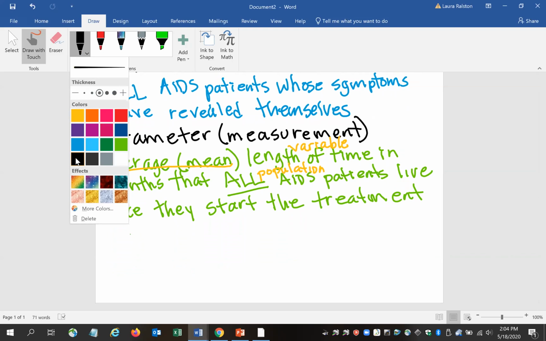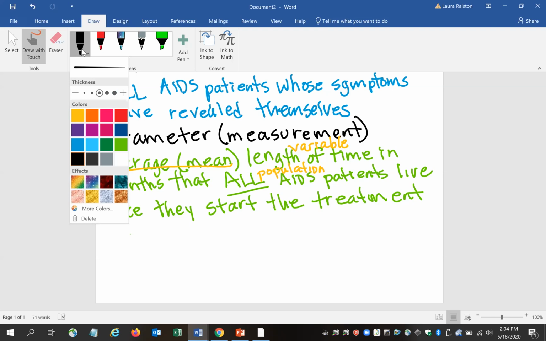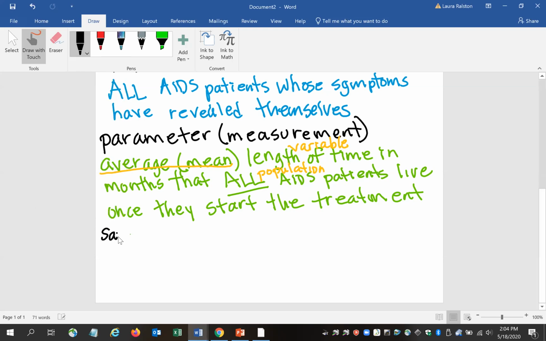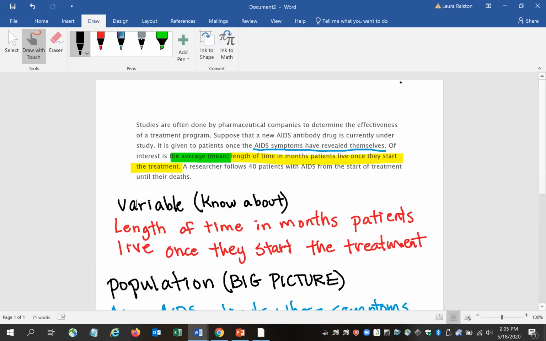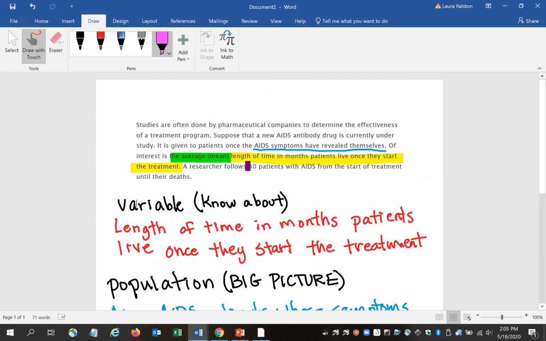Then you think about your sample. Okay, the sample, remember, is your small group. In this particular problem, in the last sentence it says, a researcher follows 40 patients with AIDS from the start of their treatment to their death.